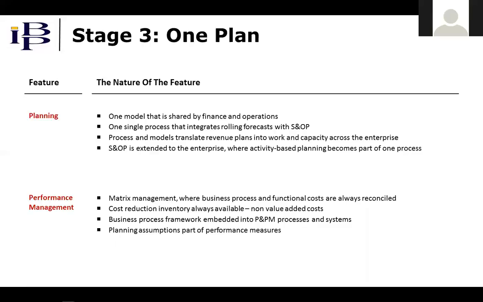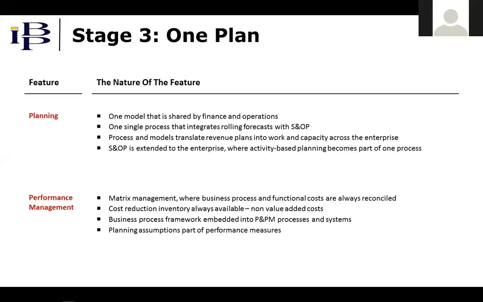From a performance management perspective, one of the things that's happening is what I call matrix management. I think this is where people see business processes as being important to have one view of the outcomes of a company. Having a cost reduction inventory always available means that I always know what my processes are looking like. I always know the non-value-added activities in my processes going forward.